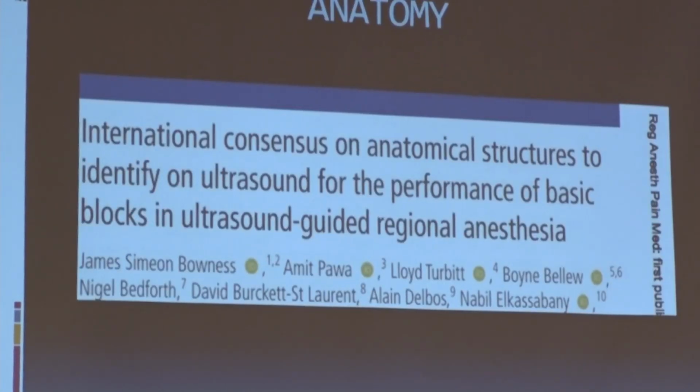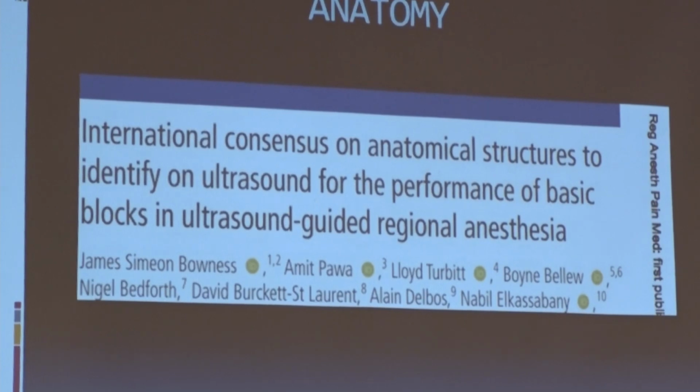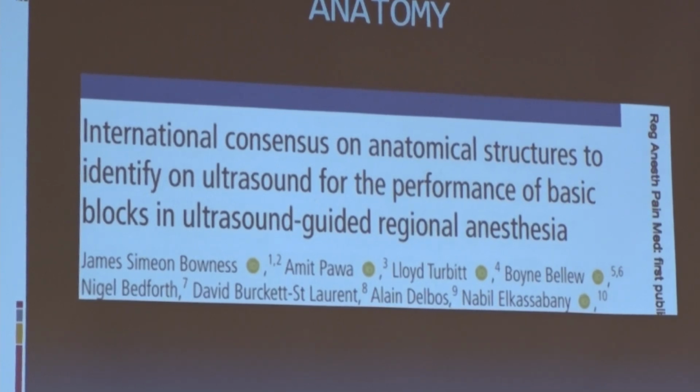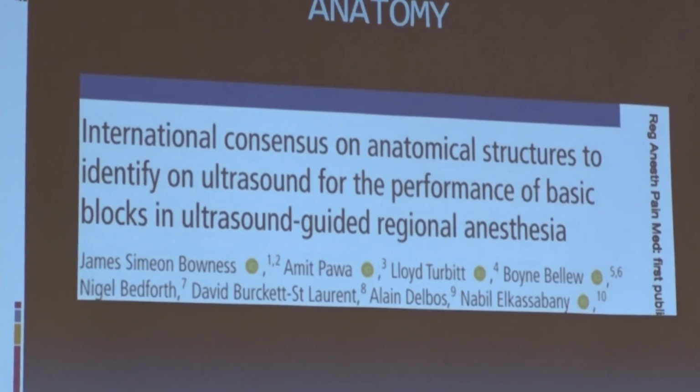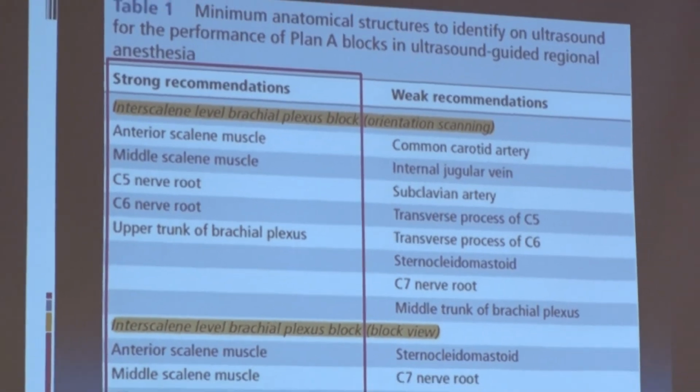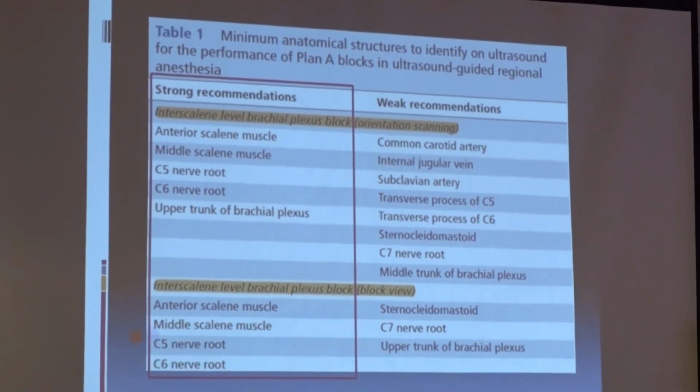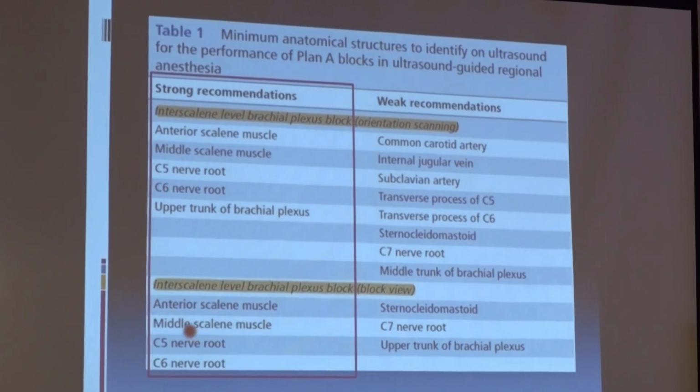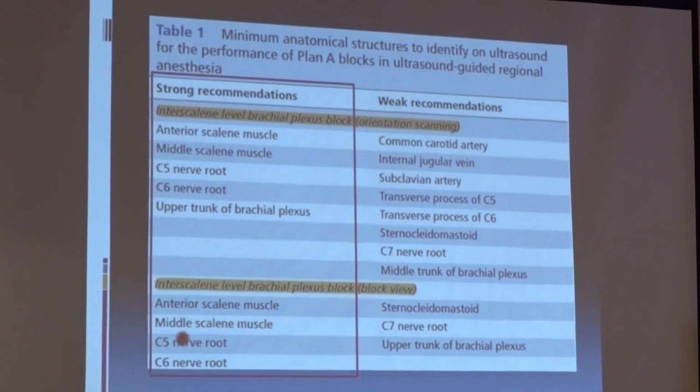SATB is a hybrid technique, so I'm going to explain the sonoanatomy for both interscalene and supraclavicular brachial plexus block. From the international consensus on the anatomic structures to identify in UGRA, we need to identify 4 structures for interscalene: the anterior scalene muscle, middle scalene muscle, C5 nerve root, and C6 nerve root.